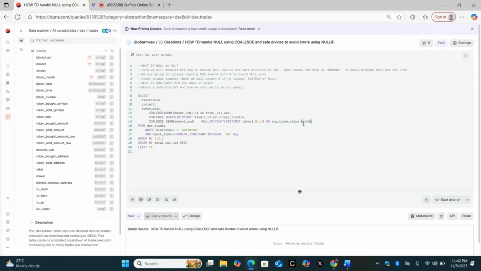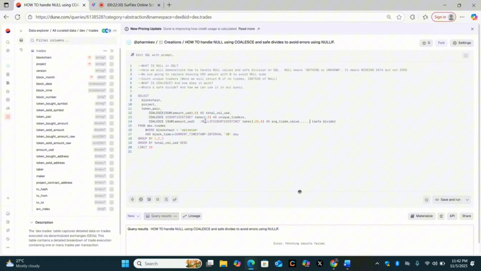It's just going to give us 0 at the end of the day, instead of an error, due to the fact that you are dividing the numerator by a denominator which can be 0.